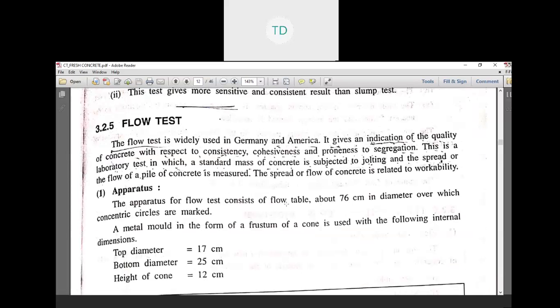It gives an indication of the quality of concrete with respect to consistency, cohesiveness, and proneness to segregation. This is a laboratory test in which a standard mass of concrete is subjected to jolting and the spread or flow of the pile of concrete is measured. The spread or flow of concrete is related to the workability.